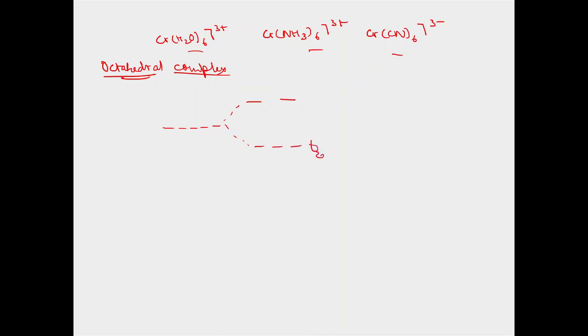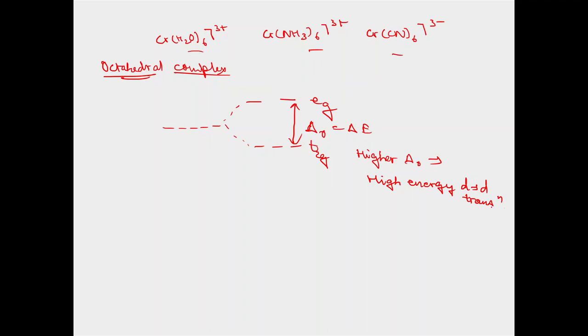The difference between these two sets is delta O, or the energy difference. This is the crystal field splitting value for octahedral complexes. Now, the more the gap between these two, that is, the more delta O, the higher the energy of the d-d transition.